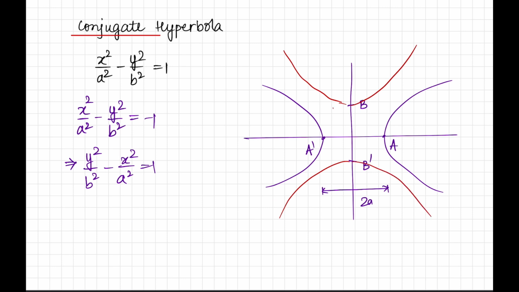Now the transverse axis of this hyperbola is of length 2b and the conjugate axis is now equal to 2a.